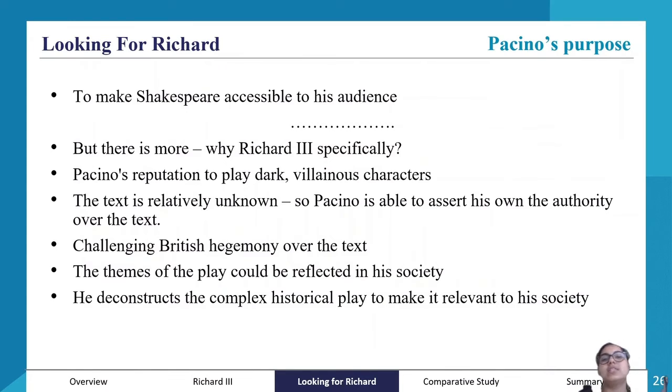Firstly, the dark villainous character. The main hero, he is dark, he is villainous, he has his own agenda, his own motives, he's very cunning and conniving. And that fits the bill for the characters that Pacino usually plays. And that's probably a character that Pacino can play well, that he understands that sort of psyche, so he's like, okay, I can take this on.